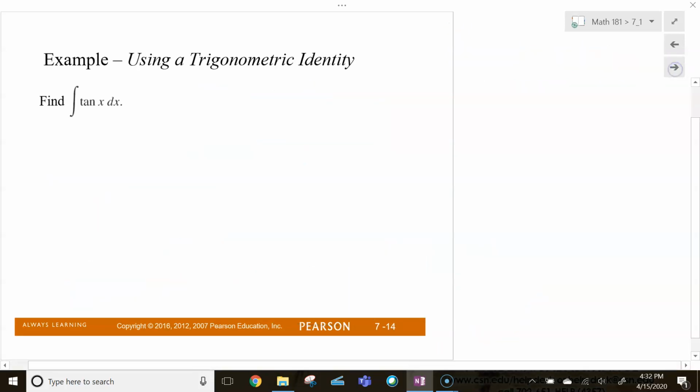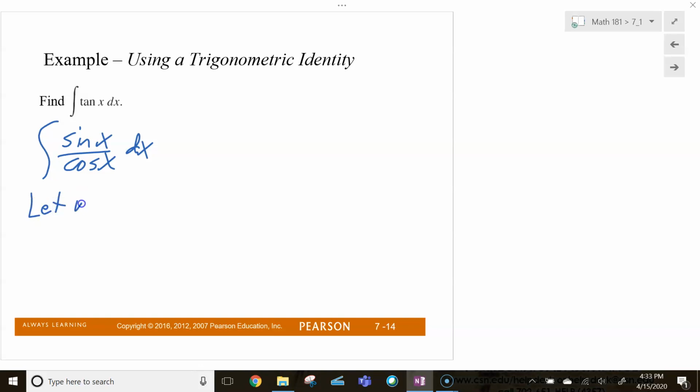Let's do some more. How about the tangent? I think to myself, well, what if I didn't know the integral of the tangent? What about if I thought about that like the sine over the cosine? I know sine over cosine is a tangent. And then what if I let u be my denominator there, that cosine of x?